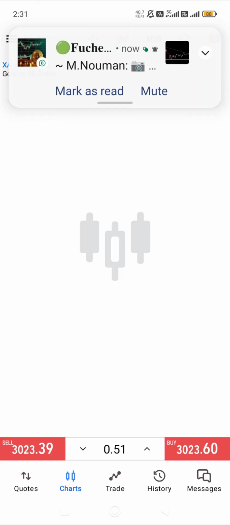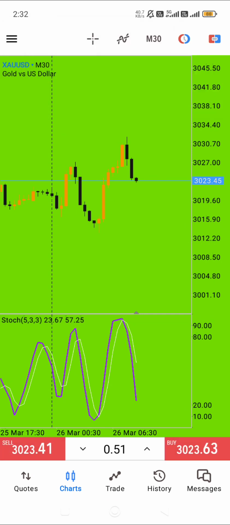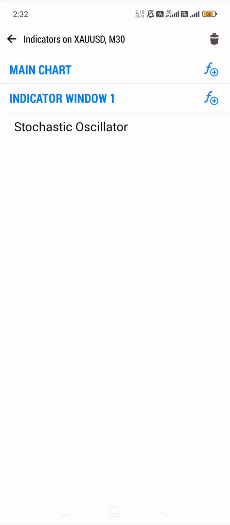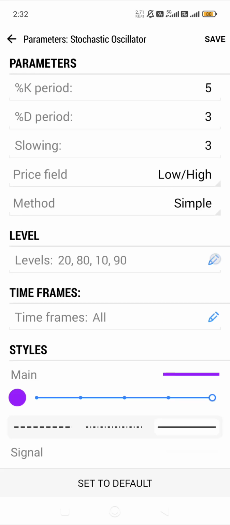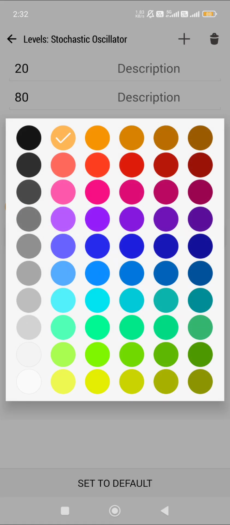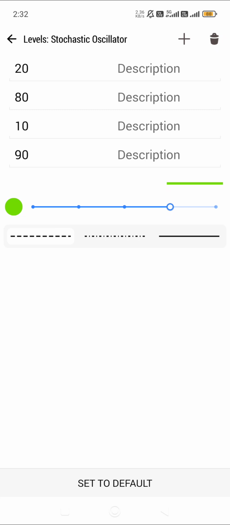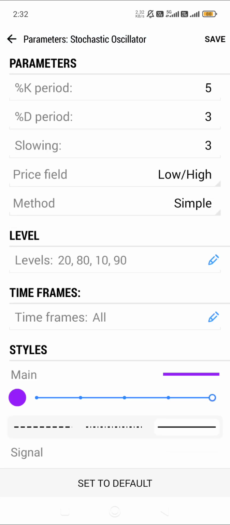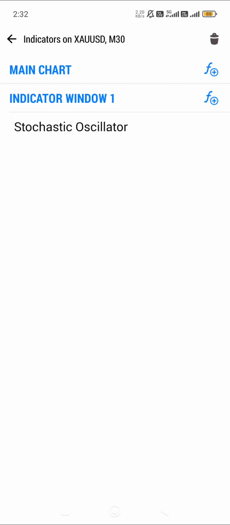Just watch the chart. In the stochastic oscillator, the level is brown. Another color change to level green. 80, 20, 10, 90. That is right now. Save this and check the chart properly.